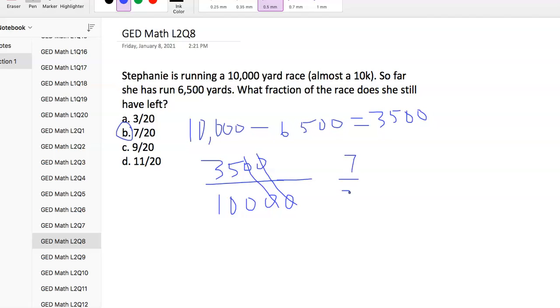If we need to set it up as an equation to figure that out, that's perfectly fine. 7 out of 20 equals some number out of 100. Then if we work it out, you get 20x equals 700, x equals 35, or 35%. So that's how we go about doing this. This one's trickier because it would be a lot easier if they just gave us the percentages rather than the fractions, but they did not. They decided to make it hard, but this is how we do it.